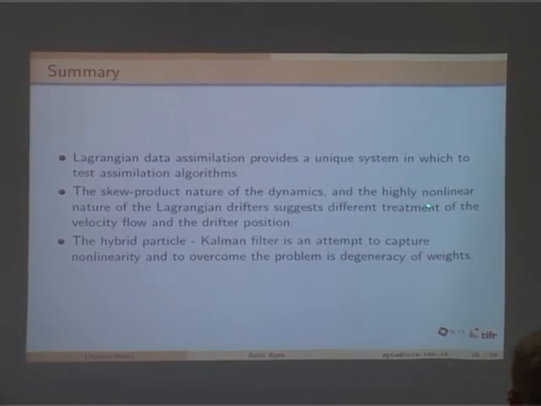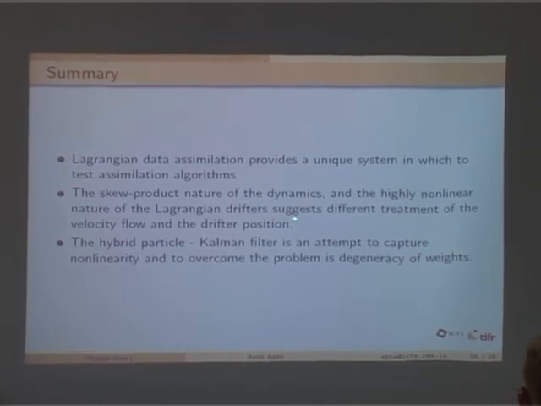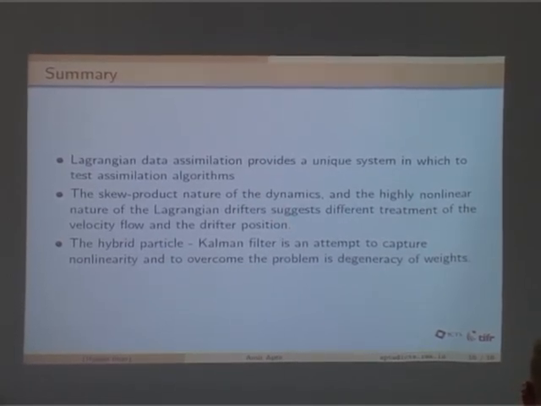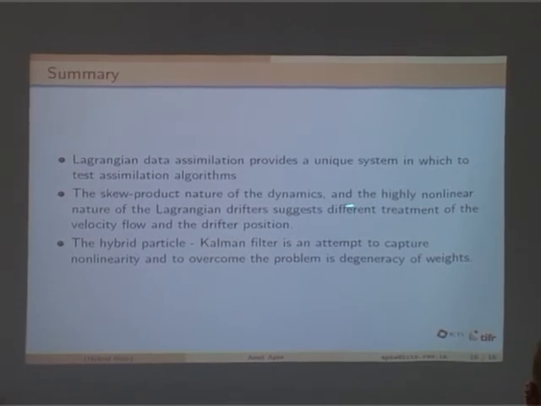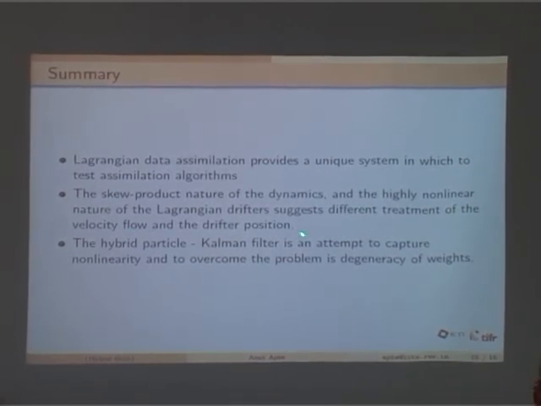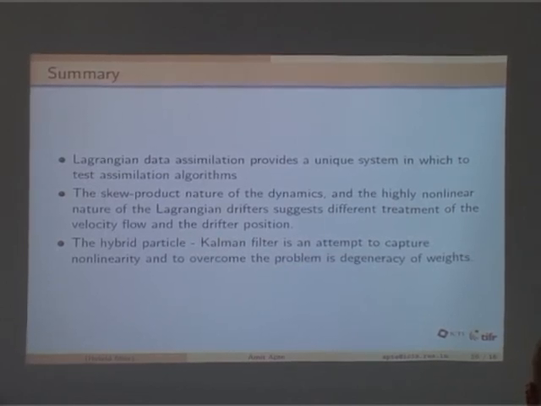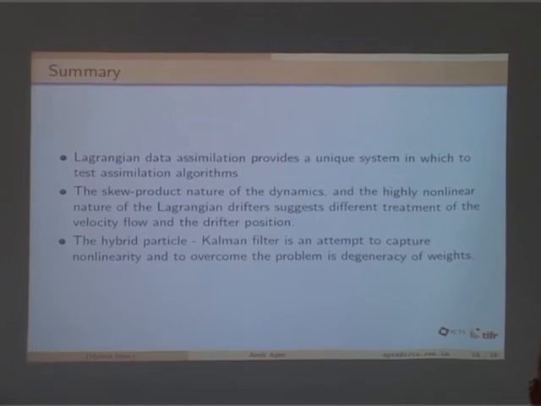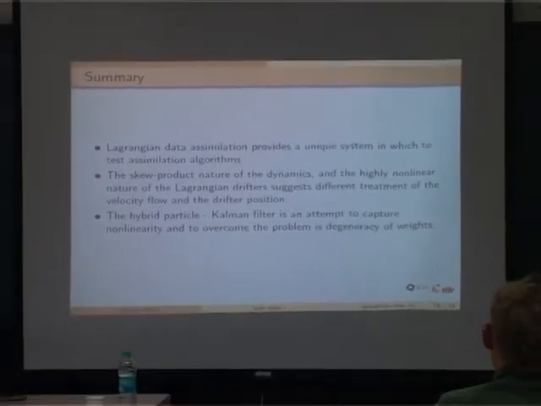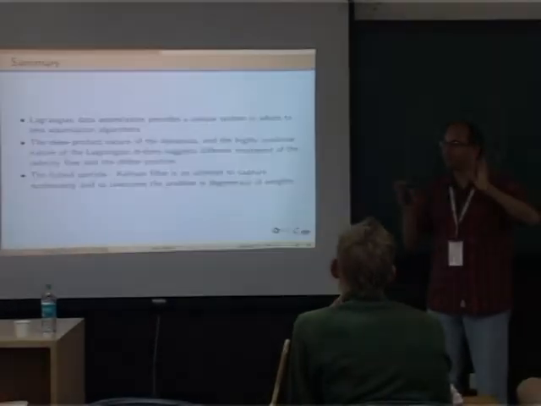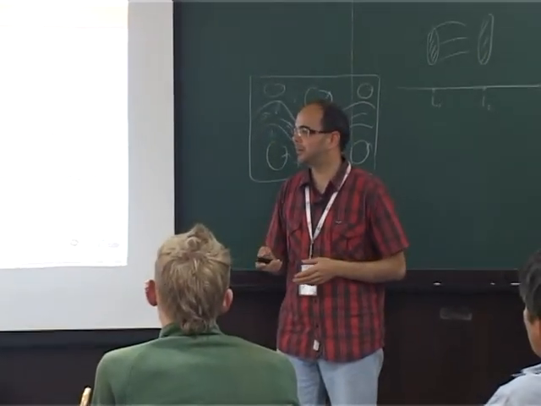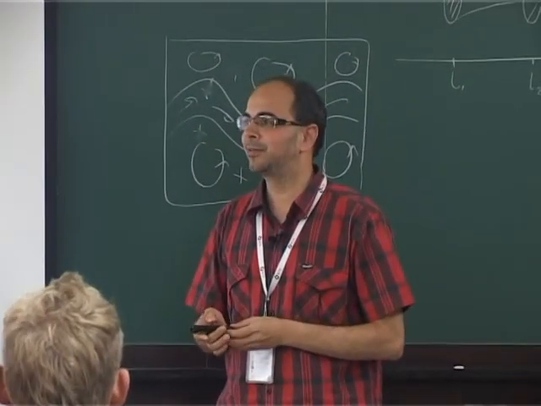Its highly nonlinear part is the Lagrangian drifters, which is what is observed, and that suggests that you could treat the velocity flow and the drifter position differently, and that leads to the hybrid particle Kalman filter method that we just talked about. We are now trying to do this in a high dimensional model, not an ocean model yet, but somewhere in between. That's what we are currently doing. Thanks.